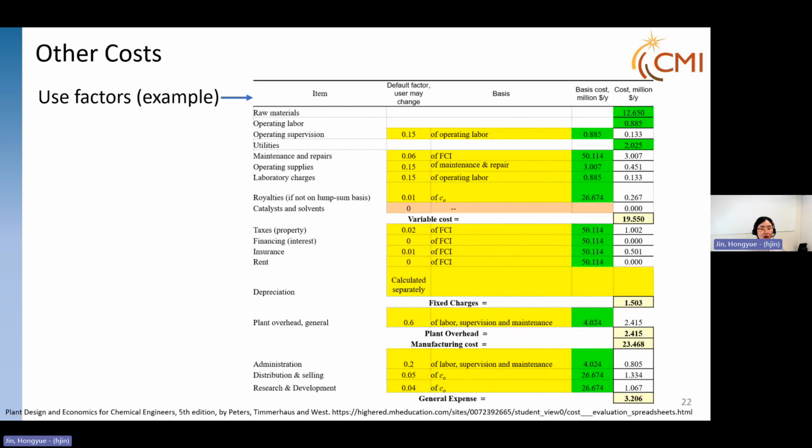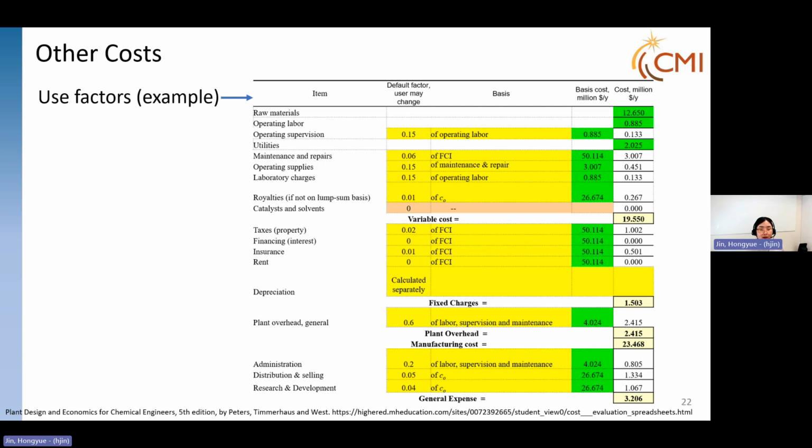And then other costs can also use factors at early TRL level, such as operating supervision. The previous slide talked about the direct operating labor. Besides that, we want to have some supervision, maintenance, supplies, laboratory charges, which can be estimated based on established factors at lower TRL.